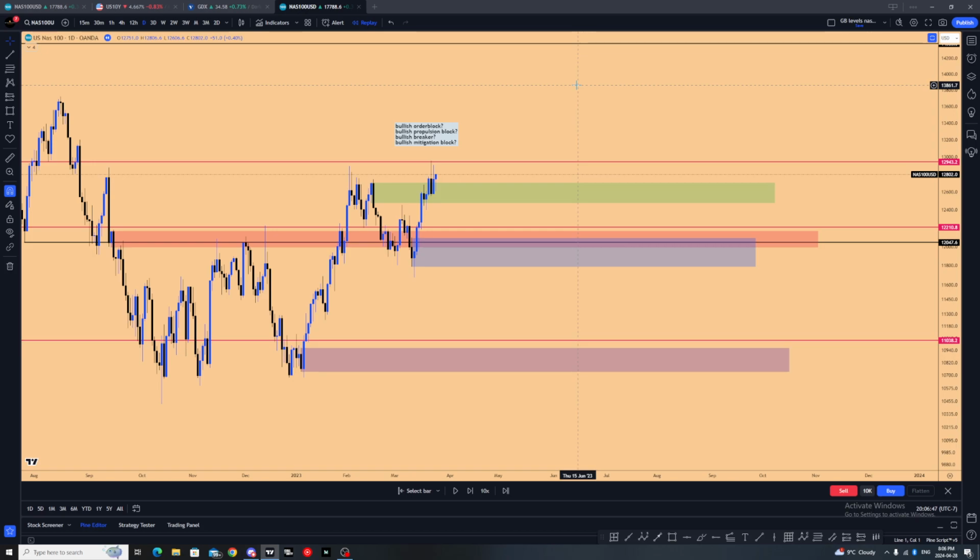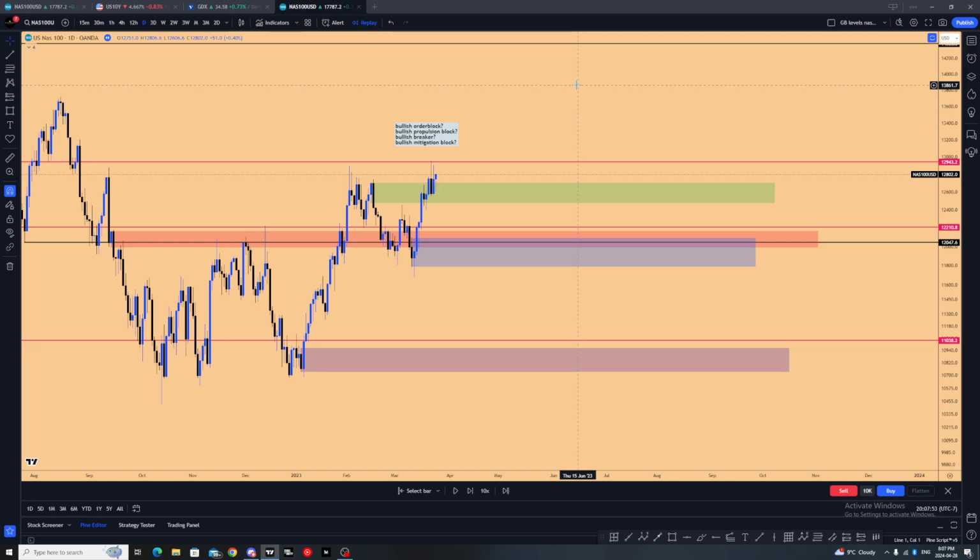Purple is bullish order block. Alright. Purple is bullish order block, red or green.